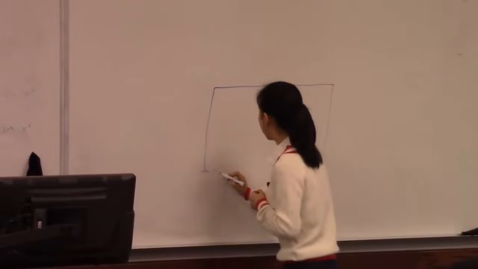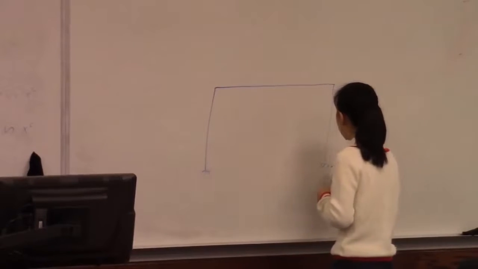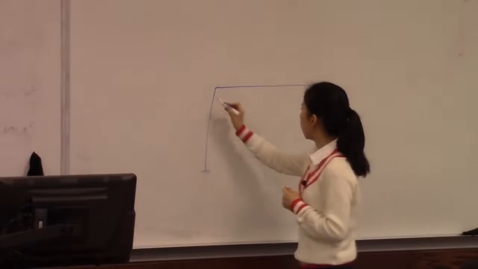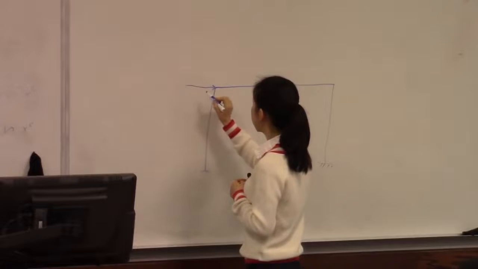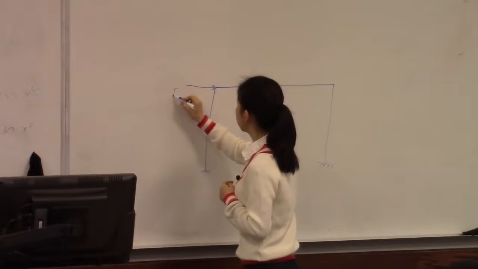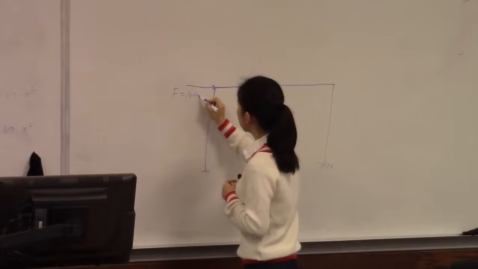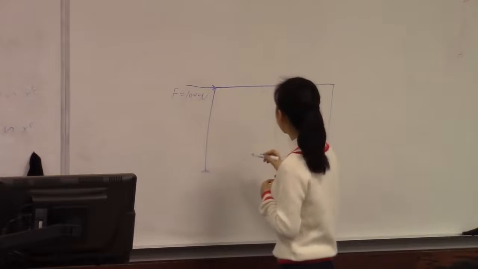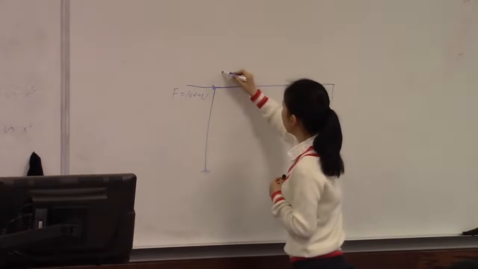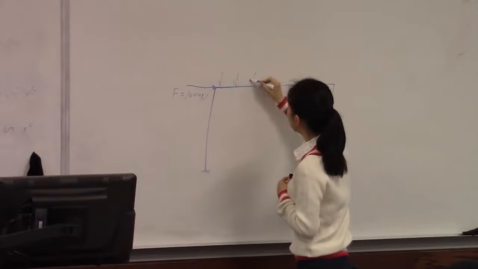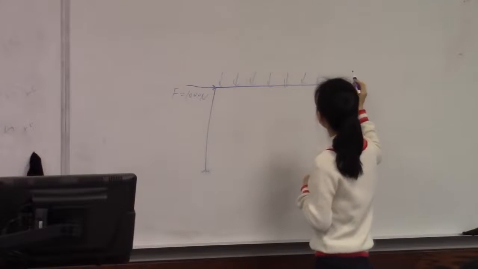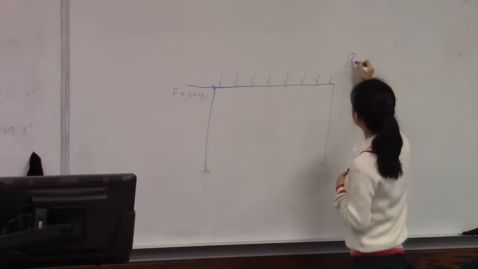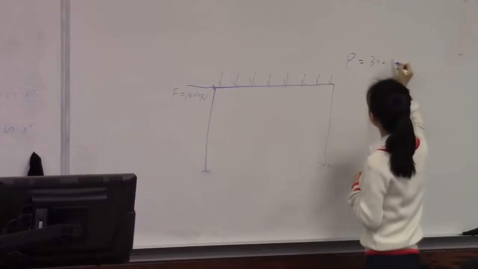Here is a clamped boundary condition. The boundary condition here is clamped, and I have a concentrated force in the x direction, 1000 Newton, and I have a constant pressure on the upper surface, in Pascal.